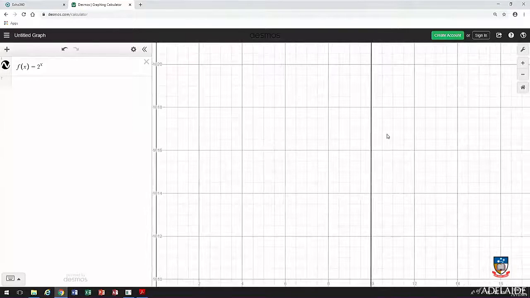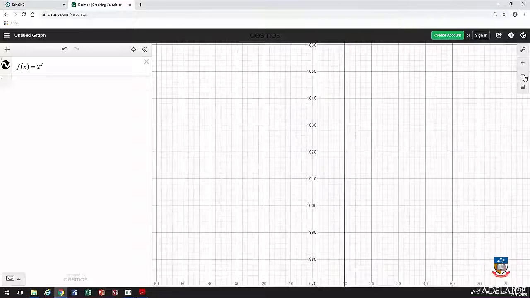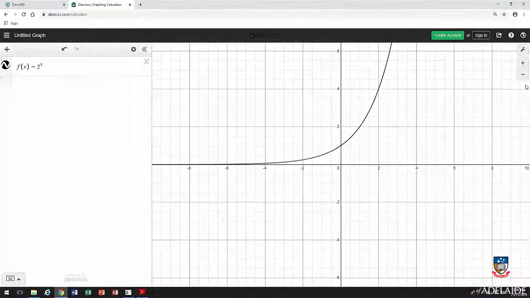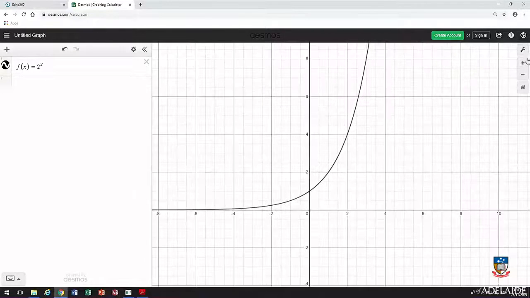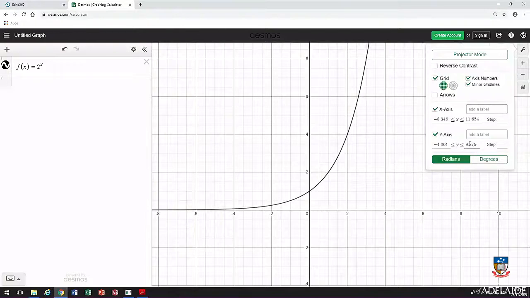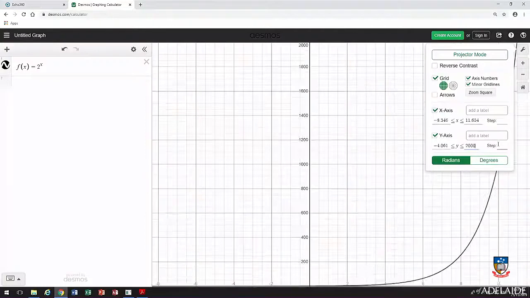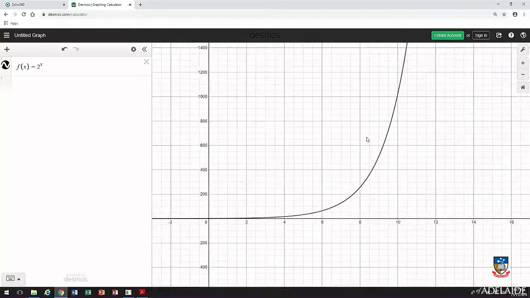It's somewhere in here that it crossed that line. So if I change my y scale to be up to about 1,000, then I can see that here at 10 it crosses at just over 1,000. It does keep going up, it just keeps going up faster and faster and faster.